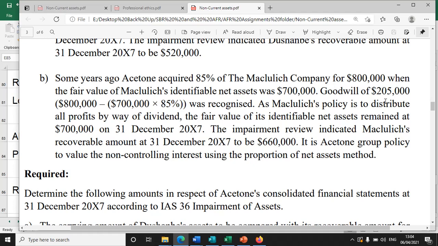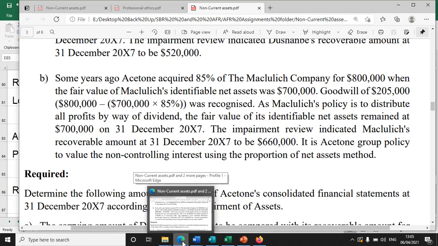Aston's policy is to distribute all profits by way of dividends, so our net assets still remain at 700,000 at the end. The impairment review indicates that the recoverable amount is 660. It is the group policy to value the non-controlling interest using the proportion of net assets.